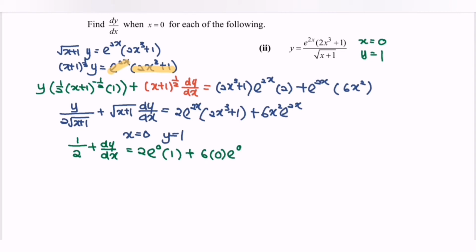In this case, this one will become 0 and this one will become 2. So finally, dy/dx equals 2 minus 1 over 2. So the first derivative will be equal to 3 over 2. So here we are, and thanks for watching.